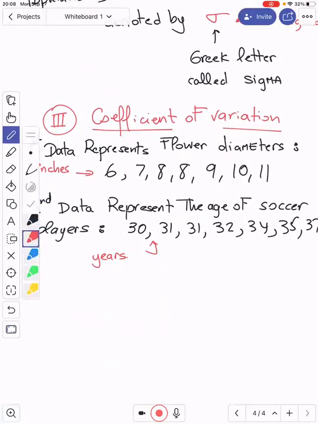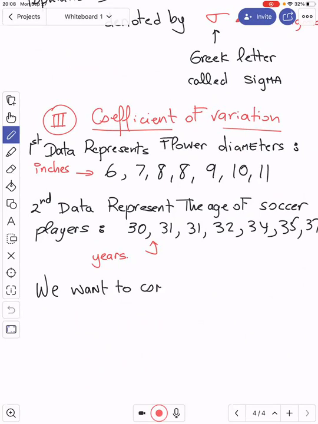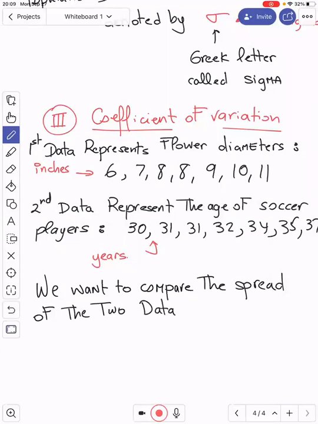We want to compare the spread of the two data samples or data sets.